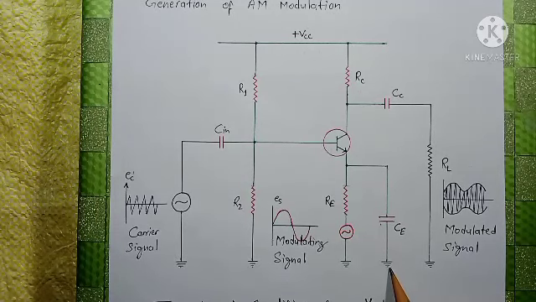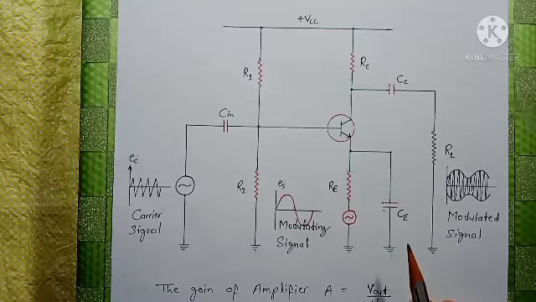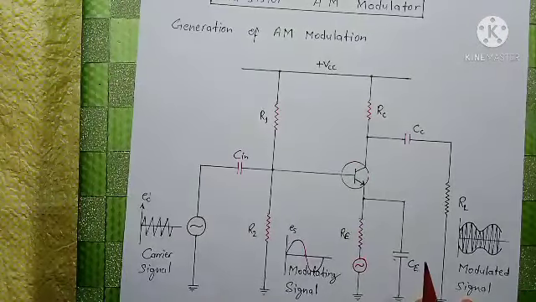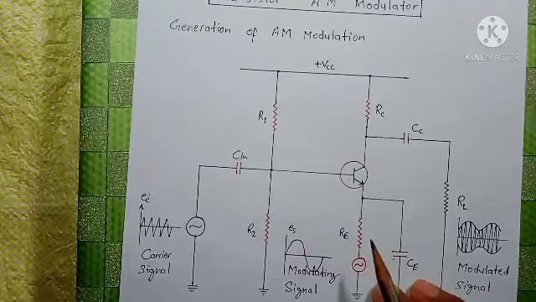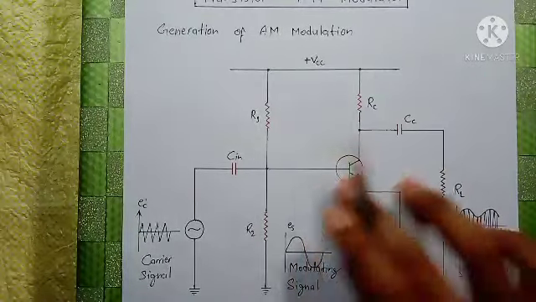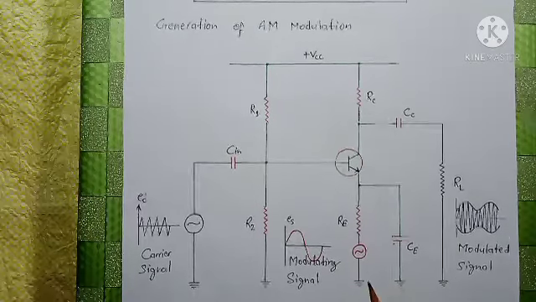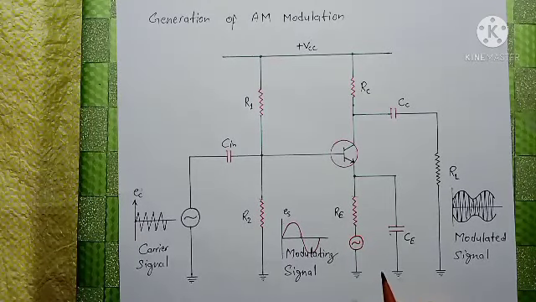So let us discuss the working. This circuit is a common emitter amplifier circuit having a voltage gain of A.